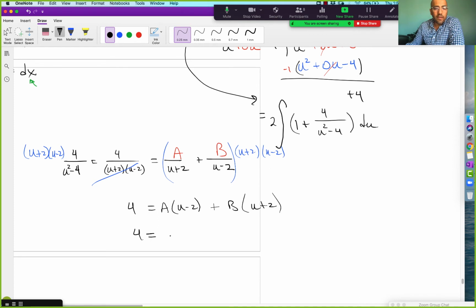We're almost there. 4 equals A times u minus twice A plus B times u plus twice B. Good. So combining them in powers of u, we end up with B plus A times u, and then the other constant, which is just going to be plus 2B minus 2A.